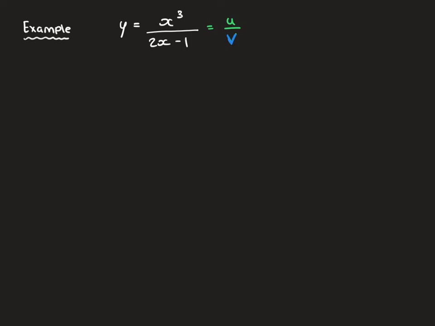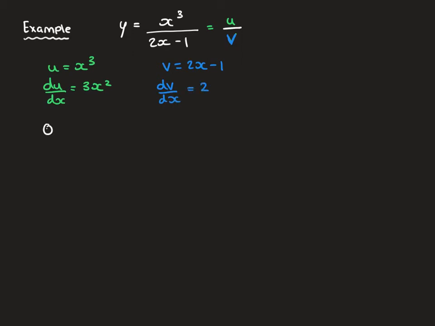So we have u equal to x cubed, so du by dx is equal to 3x squared. We then know that v is equal to 2x minus 1, not 2x minus 1 all to the negative 1, it's just the denominator function, and dv by dx is equal to 2.